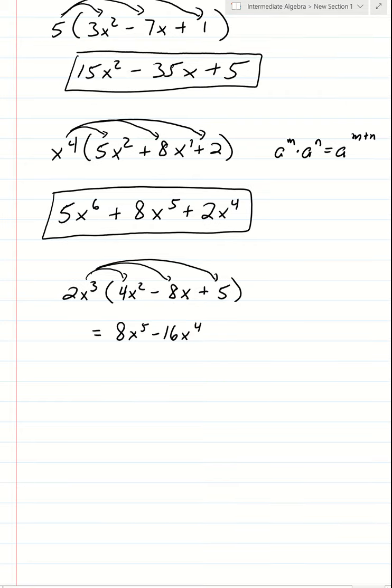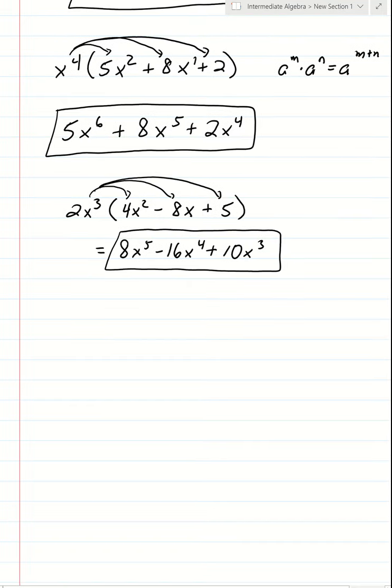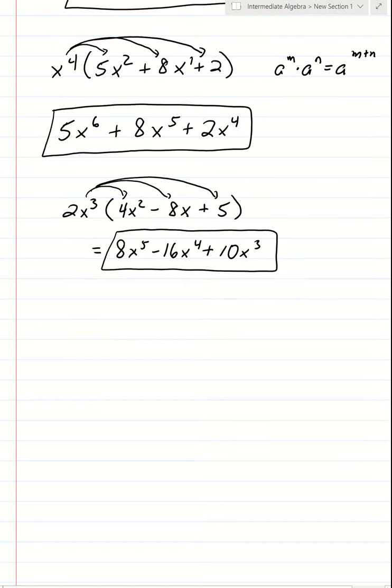And 2x to the third times the 5, the last term, would give us a plus 10x to the third. And that would be your simplified expression. Okay? We have performed the multiplication here of a polynomial with a monomial.